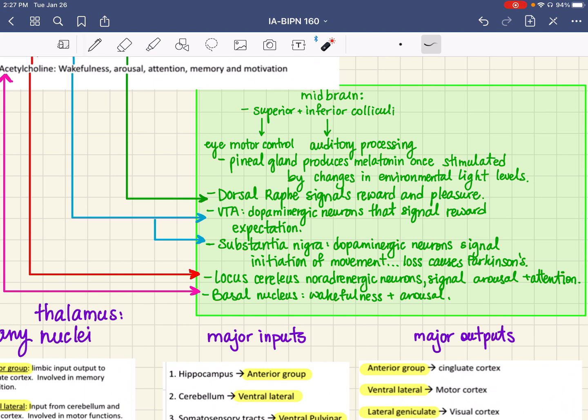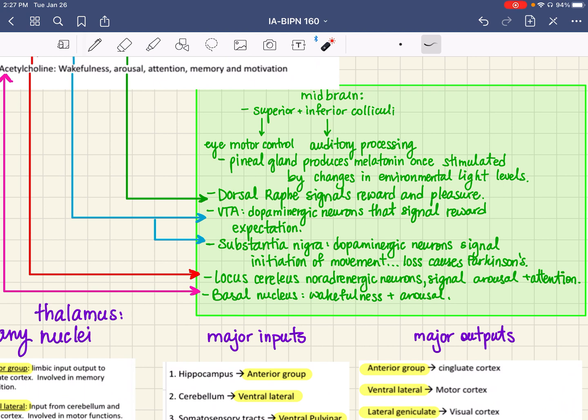When the pineal gland is stimulated, because our eyes see darkness around us, so there is no light going into our retina, then the pineal gland is, I think, either stimulated or simply not inhibited. So when this happens, the pineal gland produces this molecule called melatonin, and melatonin allows us to become more groggy and want to sleep.